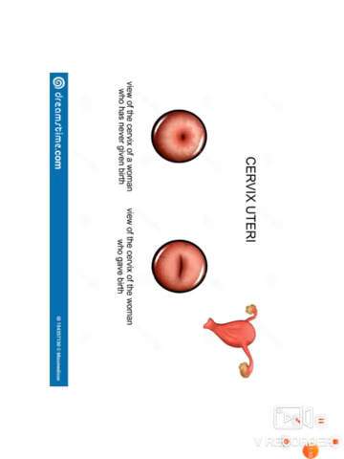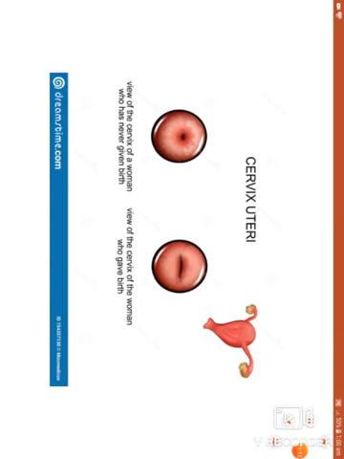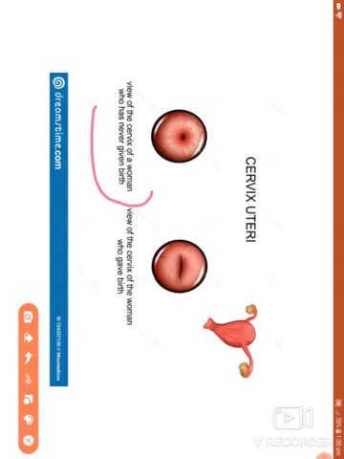Then coming to the shape of the cervix. In a nulliparous woman who has never given birth, the external os opening towards the vagina is small and round in shape.